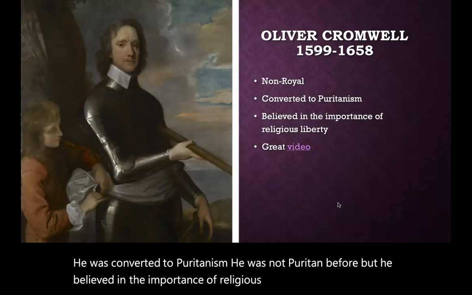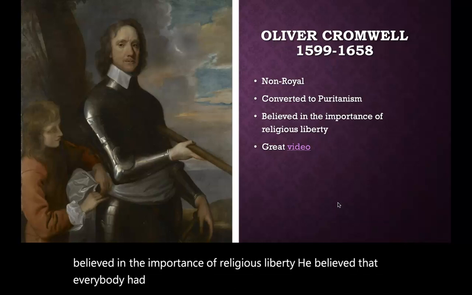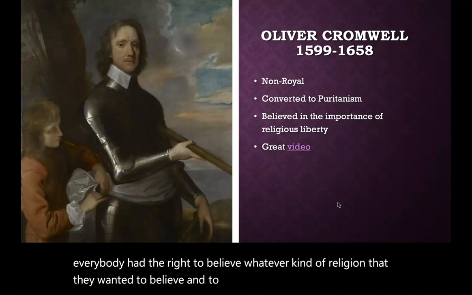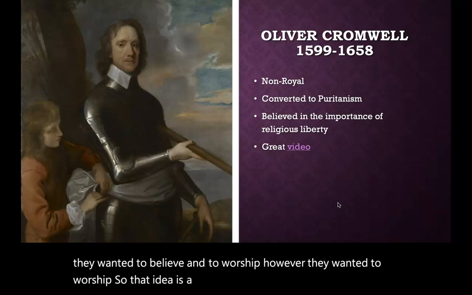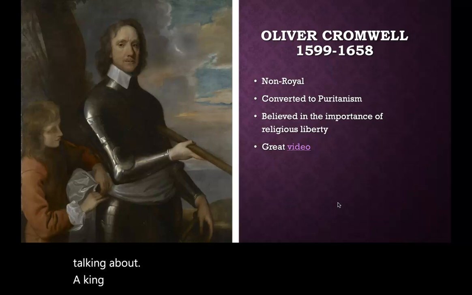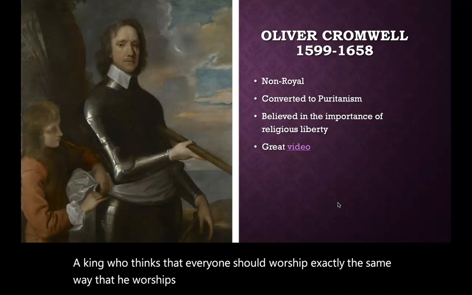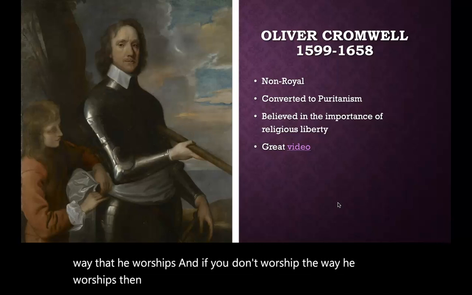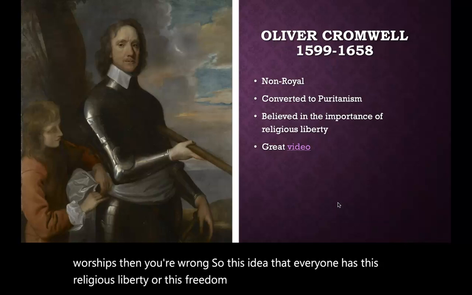He believed that everybody had the right to believe whatever religion they wanted and to worship however they wanted to worship. That idea was a little different for the time, because we're talking about a king who thinks that everyone should worship exactly the same way that he worships. And if you don't worship the way he worships, then you're wrong.